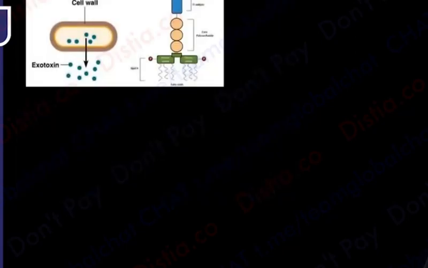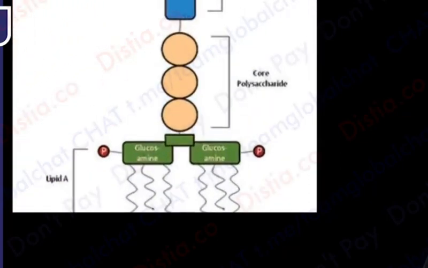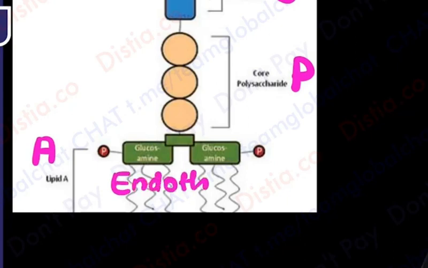If I show you a particular picture, and enlarge it, you can see the O antigen, the polysaccharide, and the lipid A. You had told us that lipid A is the part which is lethal, that contains the endotoxin.